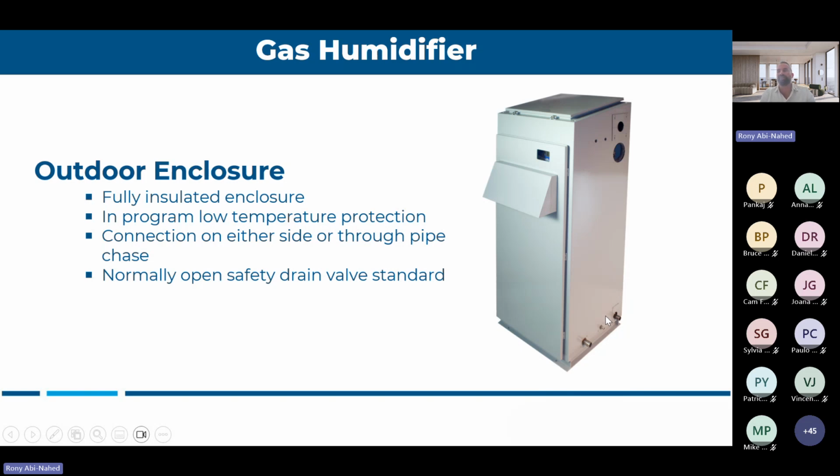Even electric, or steam to steam, you can have indoor or outdoor. But I see gas units outdoors most of the time, mainly because gas units are usually more bulky. If you don't have enough space in the mechanical room, you can put it on the roof. And by putting it on the roof, you save on building a chimney for the unit. So that's where we see mostly gas units outside.